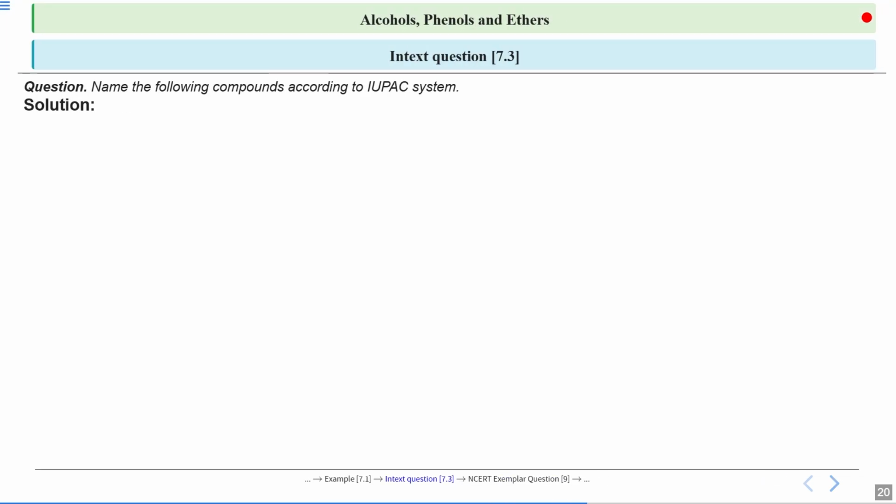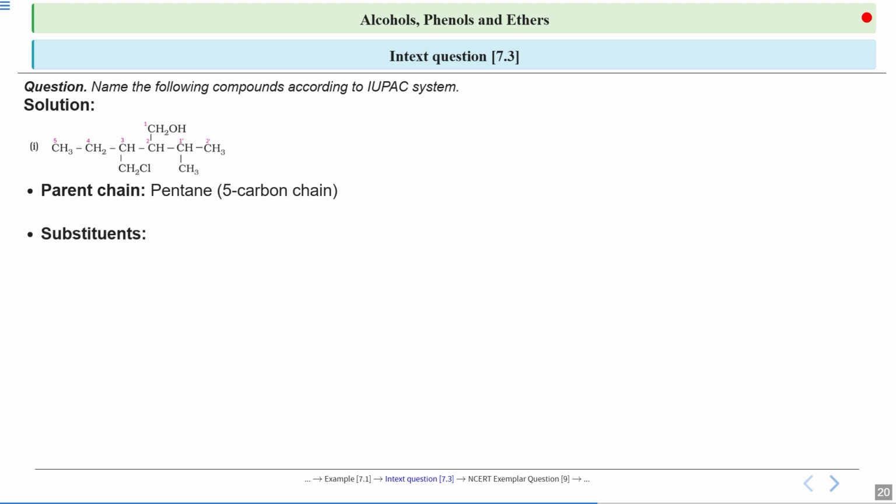Let's solve for the first compound. Again, the simple thing, you have to choose the parent chain containing the largest number of carbons. Then you have to number them, and the lowest possible number should be given to the carbon containing the OH group. So the parent chain here is actually pentane, a 5 carbon chain.